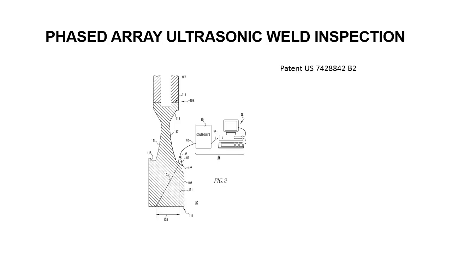All right, we're going to touch base on phased array ultrasonic weld inspection just for a minute. I'm going to pull it out of the Wikipedia page. The principle of operation for phased array: the phased array probe consists of many small ultrasonic transducers, each of which can be pulsed independently.